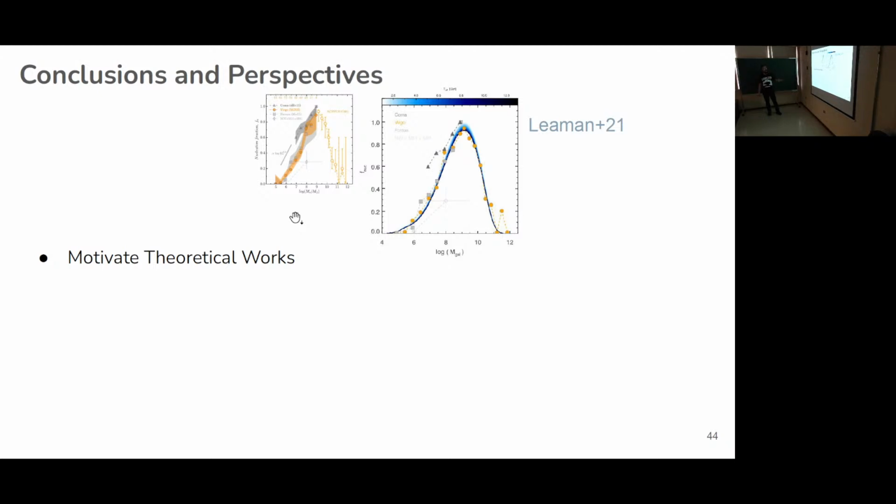Another thing that is very important is that this motivates theoretical works to look into the environment relation in NSC formation and growth. Lima et al. in 2021 used simulations with specific initial conditions related to the size and shape of dwarf galaxies in different environments to reproduce this famous result by Sanchez-Janssen in 2019.